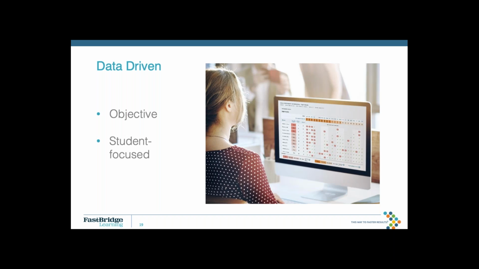Data, of course, provide us with an objective way to think about which students need help or don't need help. And this, again, is somewhat different from more traditional practices where teachers may have had to depend on their own judgment in order to come to a conclusion about which students, in fact, needed some types of support.